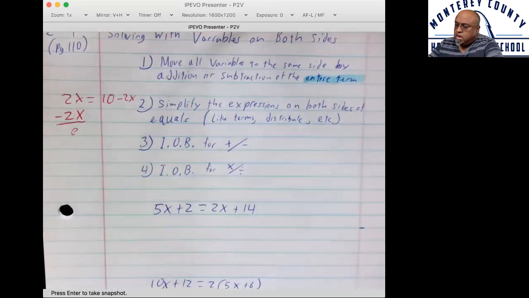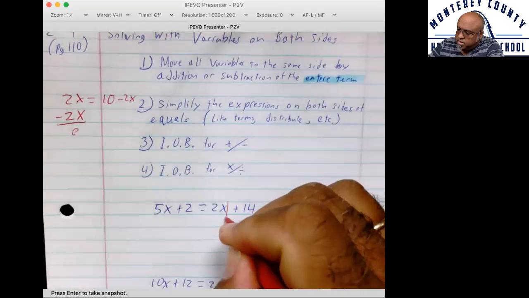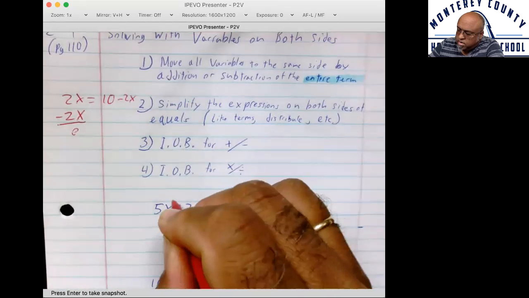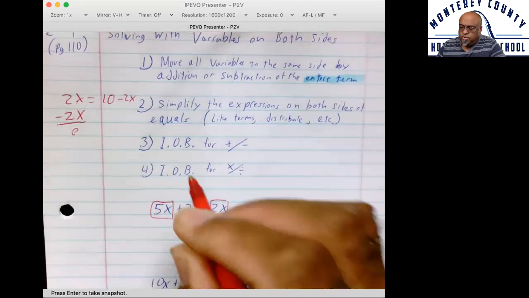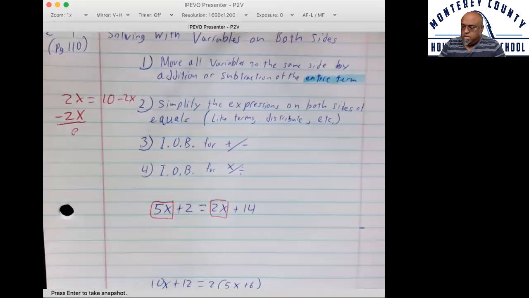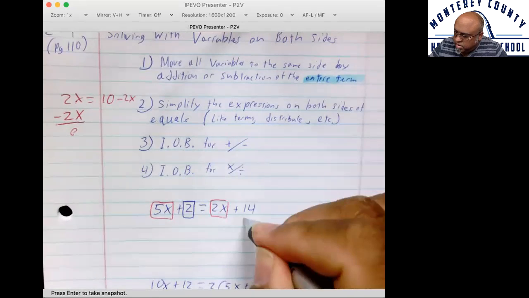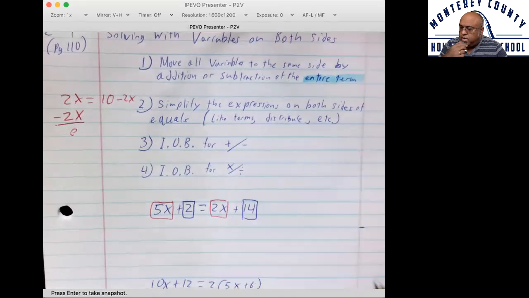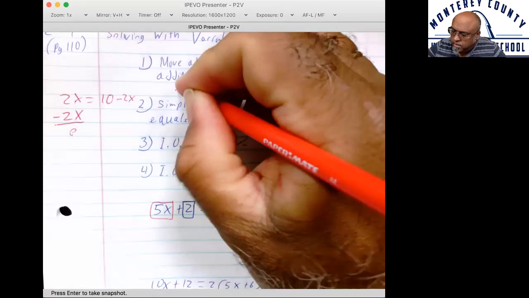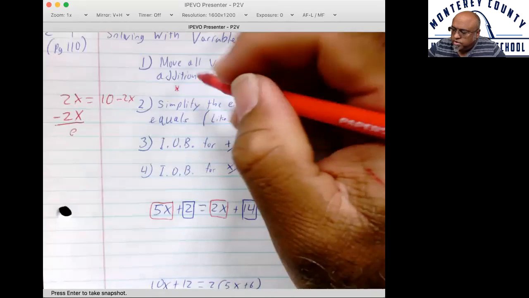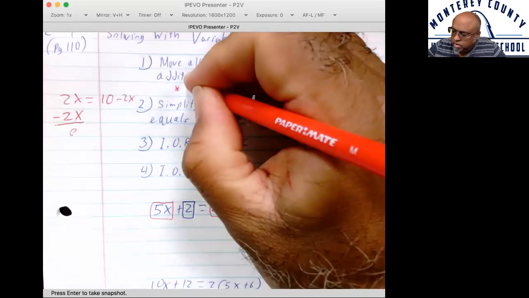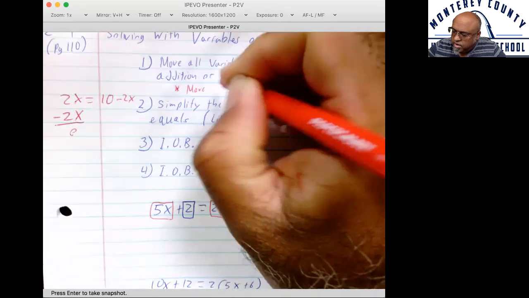Okay, now my variables are 5x and 2x. My constant terms are positive 2 and positive 14. Now, one thing I didn't say in the rules up here, and I think I'm going to go ahead and add this: for step 1, you want to move all constants to the other side.